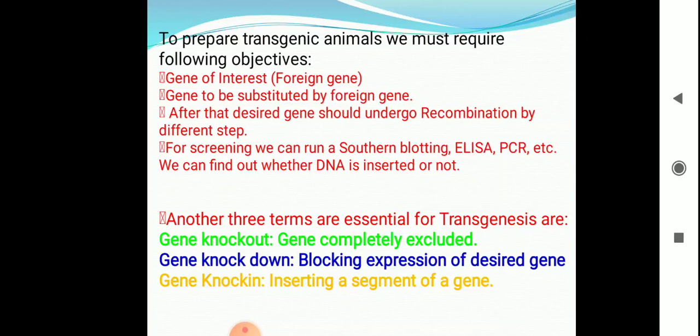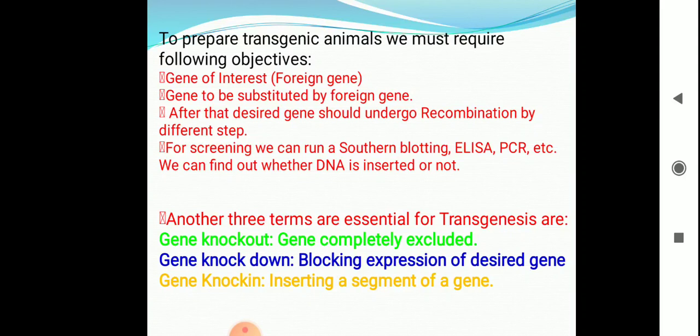Another structure: when we are going to prepare transgenic animals, we must know these three terms: gene knockout, gene knockdown, and gene knock-in. Gene knockout means the gene is completely excluded, completely removed. We can artificially block the gene completely.